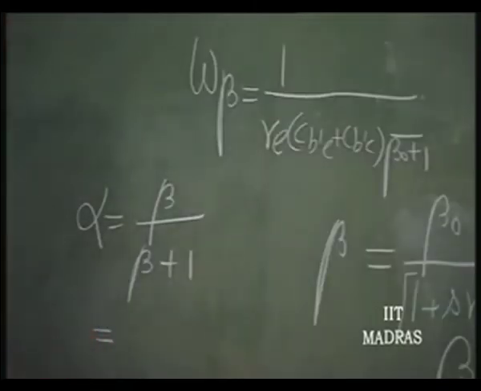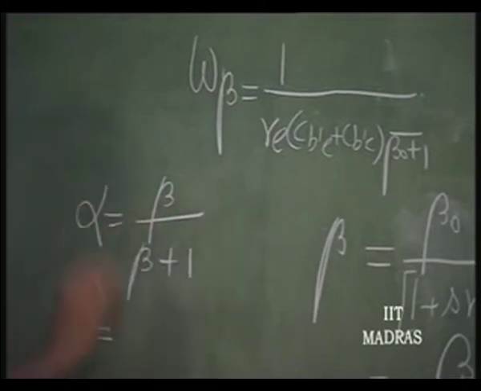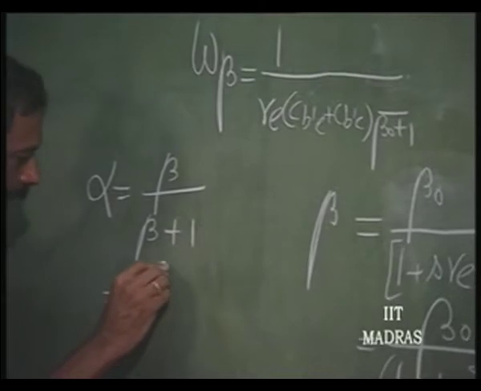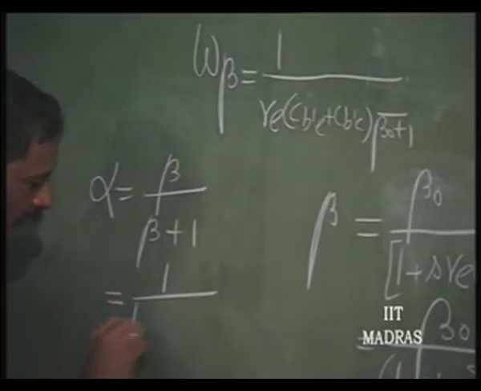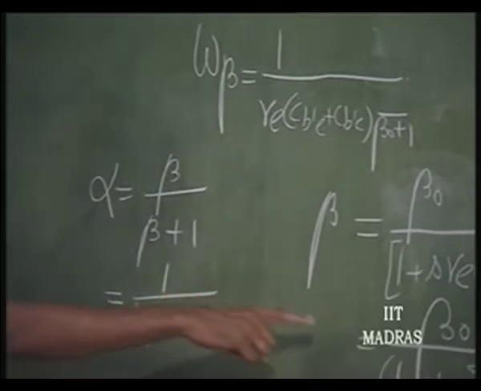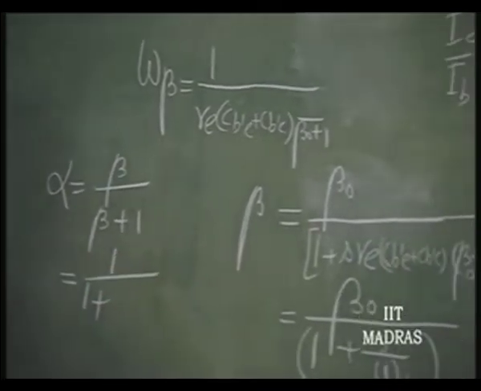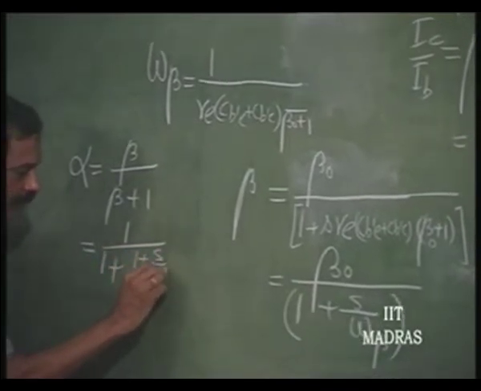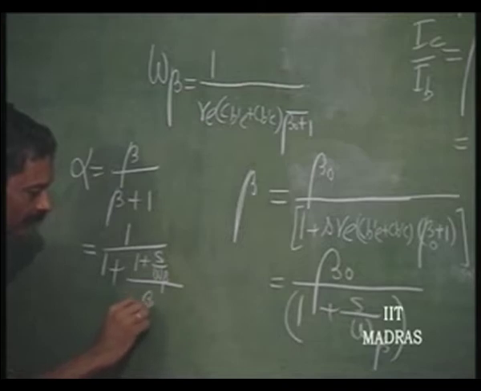So, this is equal to, let us write it as, 1 by 1 plus 1 over beta. 1 over beta here can be substituted from this as 1 plus S by omega beta divided by beta naught.